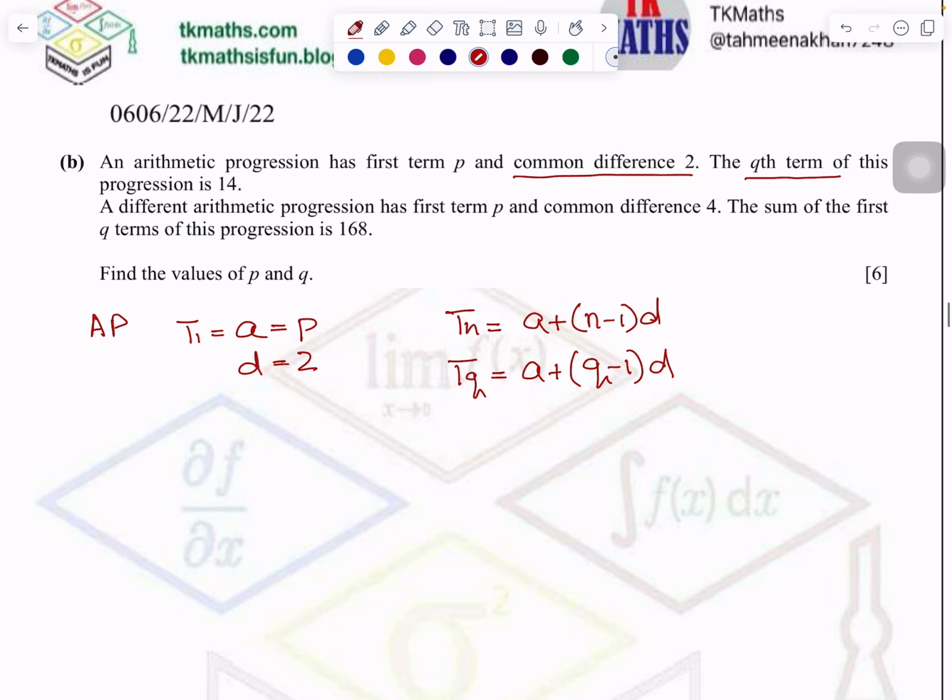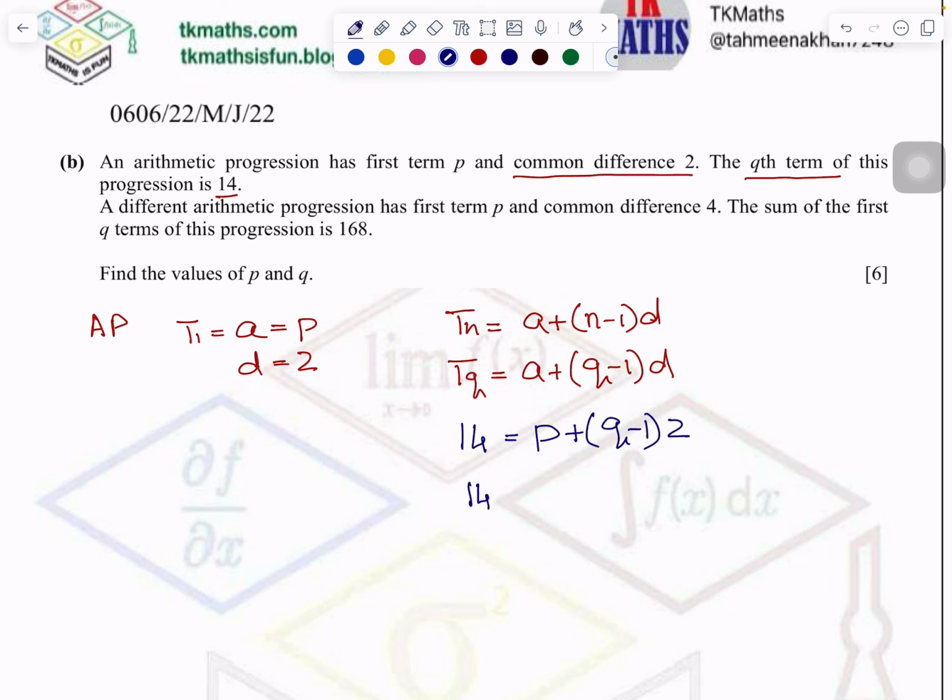Now let me substitute the values of a and d. By the way, it is saying the qth term is 14. So instead of tq, I can write 14. Okay, so 14 equals p, and d is 2, so I can simplify this.